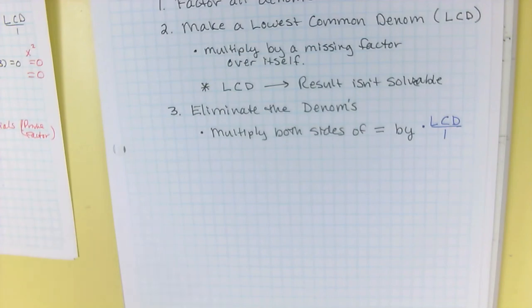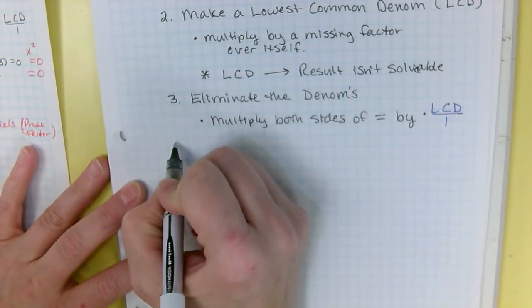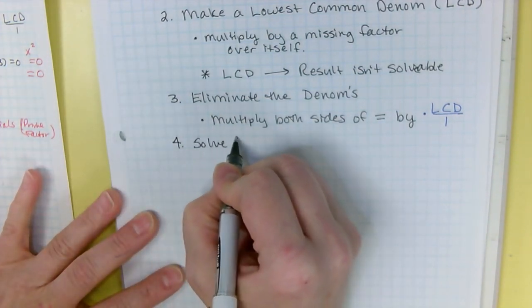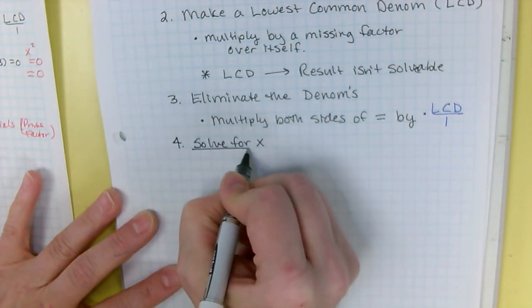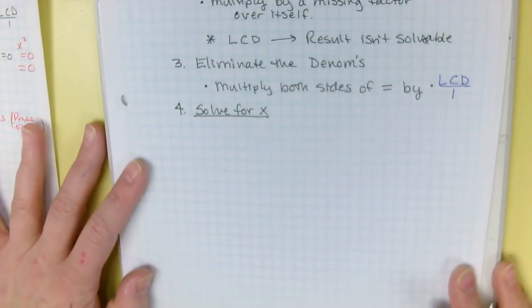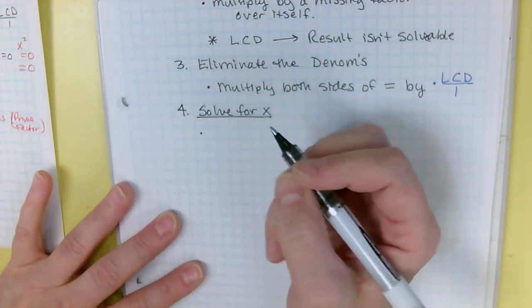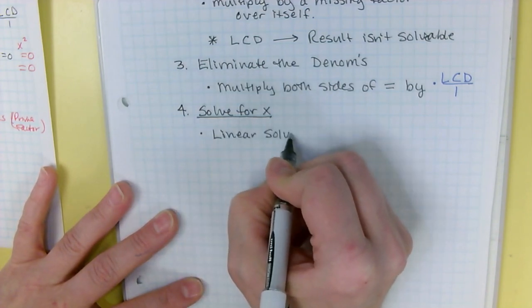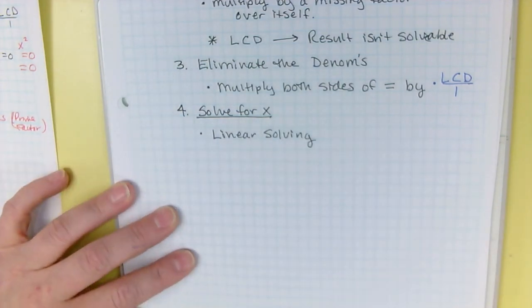Once you've got all the x's out of the bottom, now you're going to use your mental library to solve for x. These are going to take many different forms. One of the forms is just basic linear solving, and a lot of your homework tonight is going to be basic linear solving.